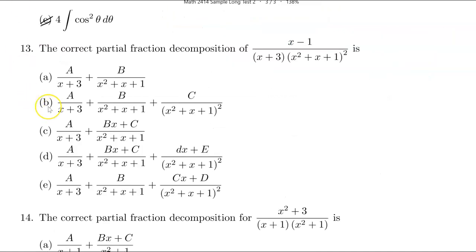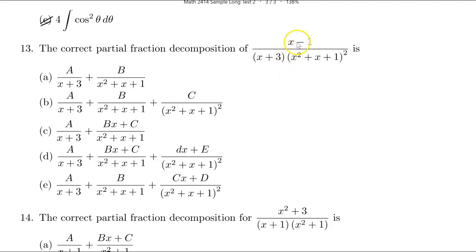Okay, number 13. That's on partial fraction. The correct partial fraction decomposition of this expression is, then those are the choices. Before you proceed, make sure to compare the numerator and the denominator first. If the degree in the numerator is bigger than the degree in the denominator, then you have to divide it first using long division.